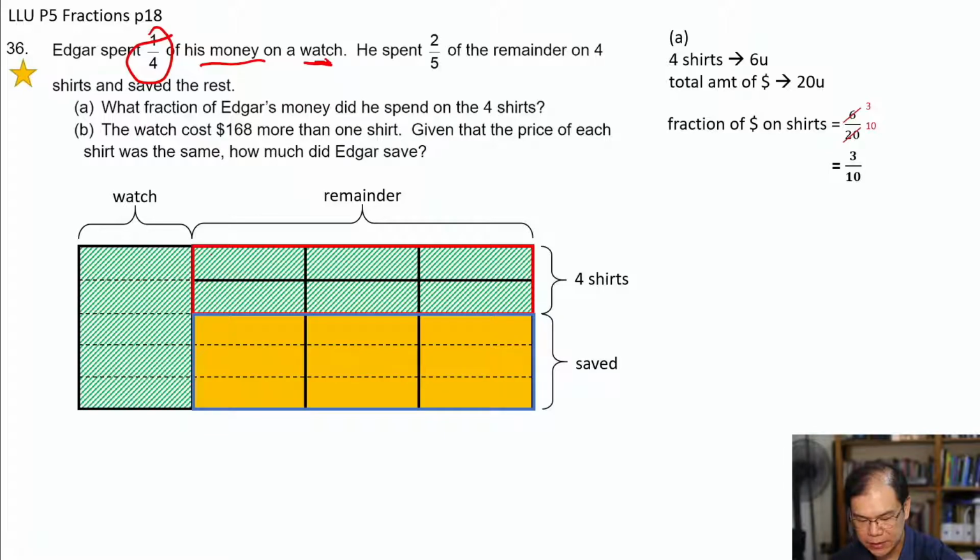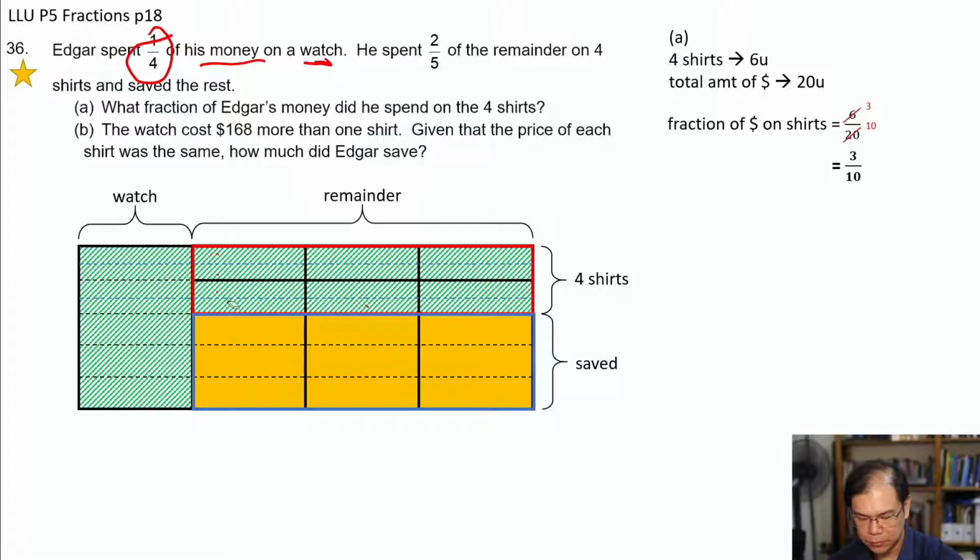If this is for 4 shirts, if I split them up like this into thinner rows, 1, 2, 3, 4. Okay, so now, isn't it the same? Every row has 3 small units. 1, 2, 3, 1, 2, 3, 1, 2, 3, 1, 2, 3.